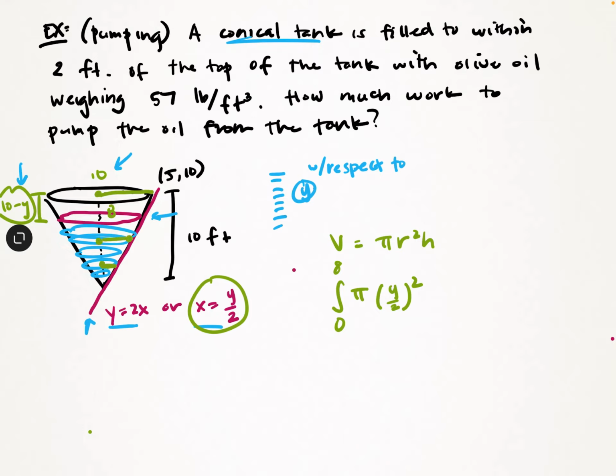It's going to reflect the distance from the middle of the cone to the edge, and we're going to use the equation x equals y over 2 to represent our radius. The second part is our h. Our height, we said, was 10 minus y. And we're doing dy here.